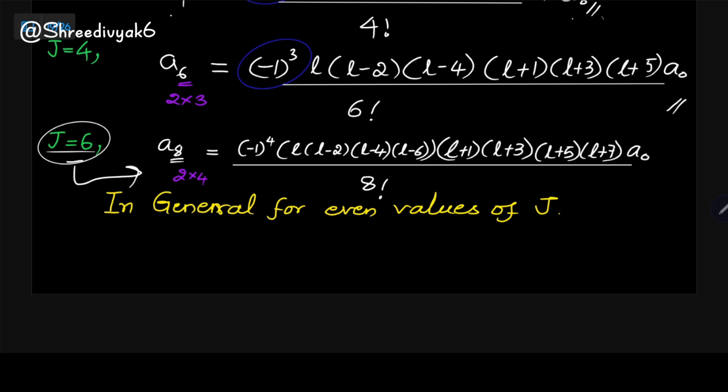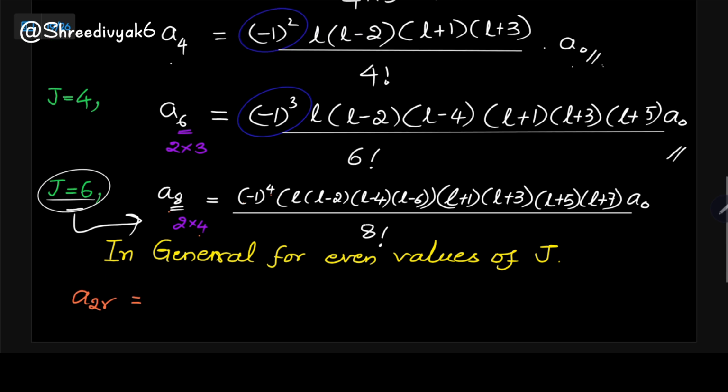So in general, can I write my general coefficient for even values as a2r, where r is 1, 2, 3, 4, and so on up to n. So I can write the general coefficient a2r equal to minus 1 raised to 4 for a8 when the r value is 4.